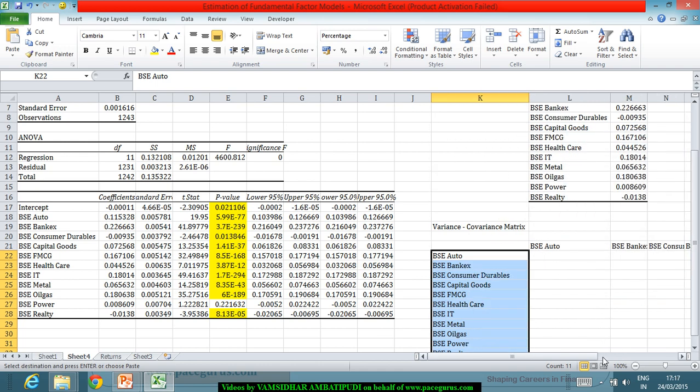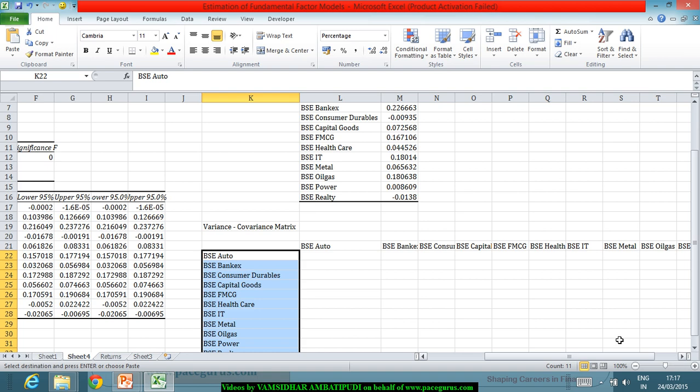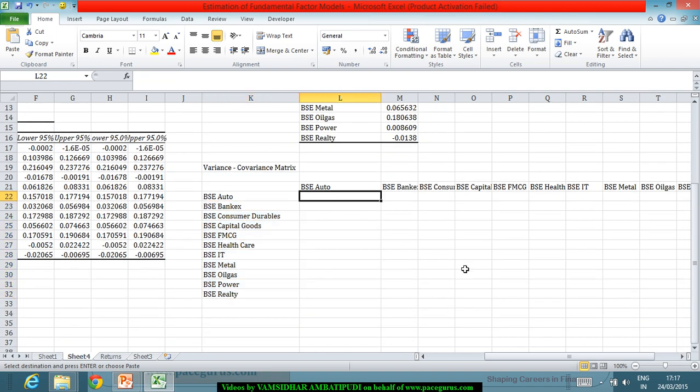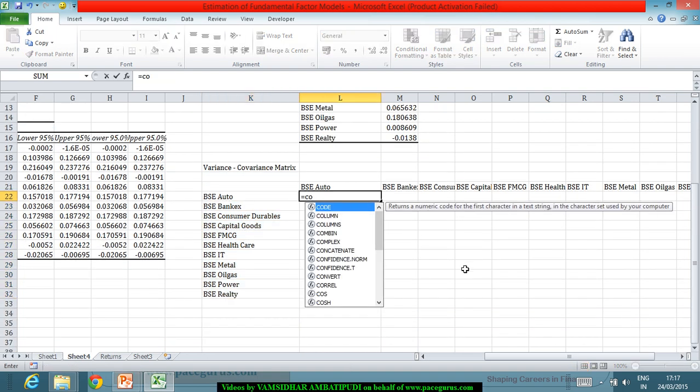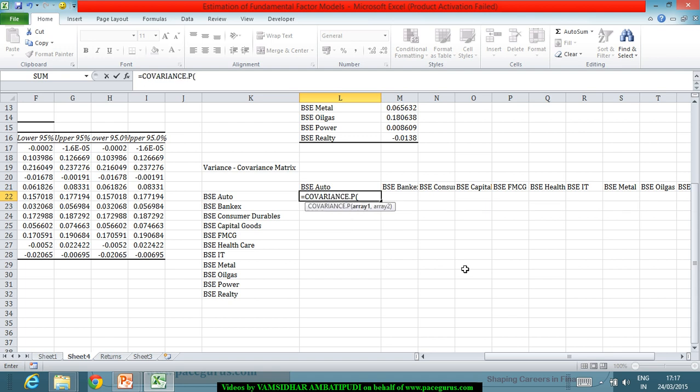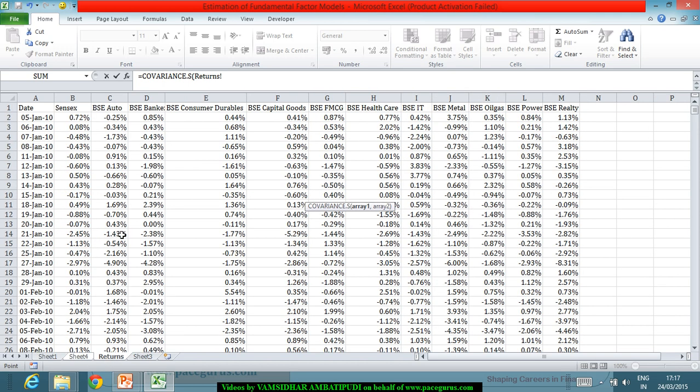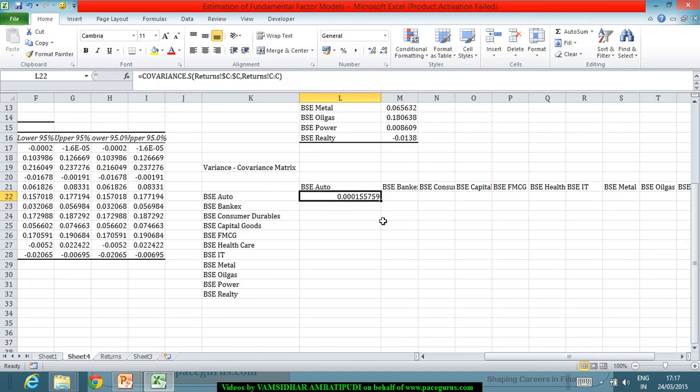Now what I'll try doing here is take the covariance between the returns of the auto and the returns of the auto itself. So this is nothing but the variance of BSE auto returns on a daily basis.